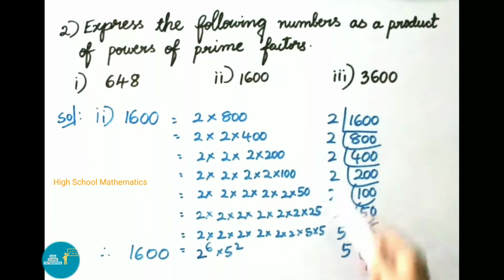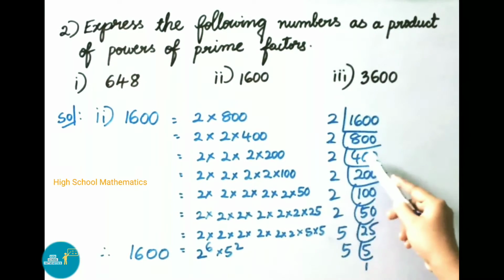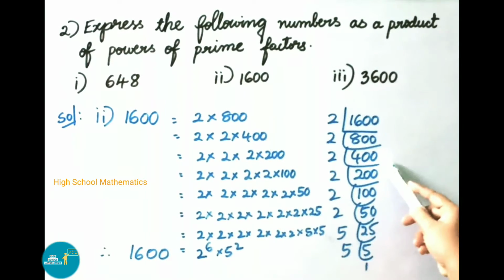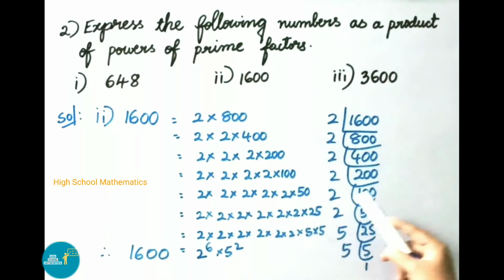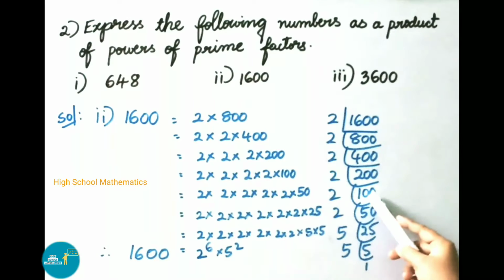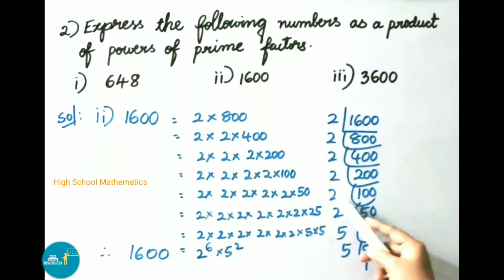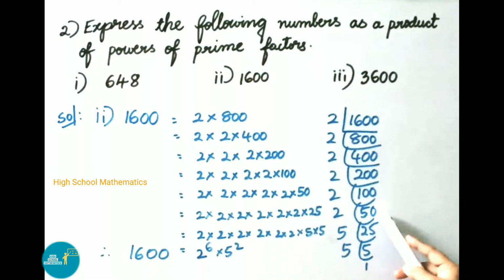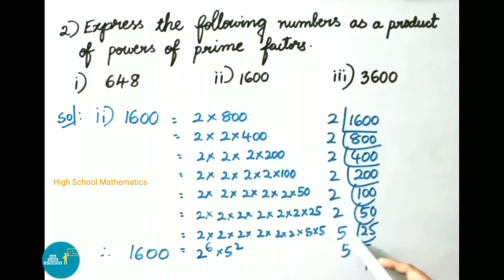1600 can be written as 2 into 800, that equals 2 into 800 can be written as 2 into 400, that equals 2 multiplied 2 times into 400 can be written as 2 into 200, that equals 2 multiplied 3 times into 200 can be written as 2 into 100, that equals 2 multiplied 4 times into 100 can be written as 2 into 50, that equals 2 multiplied 5 times, then 50 can be written as 2 into 25, that equals 2 multiplied 6 times into 25 can be written as 5 into 5.